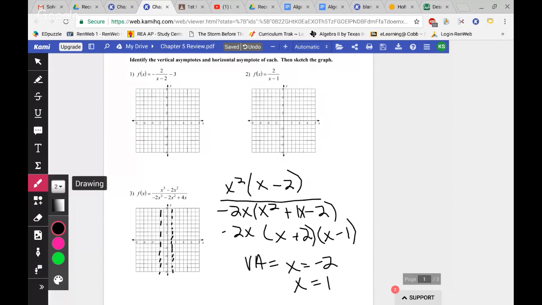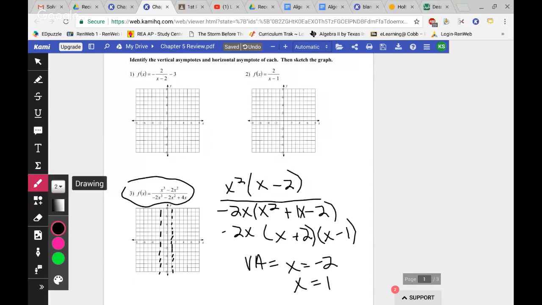Now, for that horizontal asymptote, you're going to use that sheet that tells us where you compare the degrees on the top and the bottom. When the degrees are the same, which they are in this case, because we go back to the original expression and compare, they're both 3. You take the ratio of the leading coefficients.